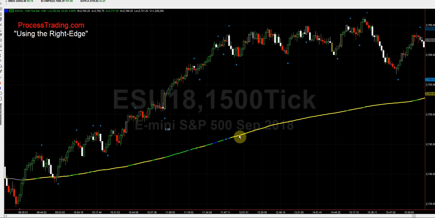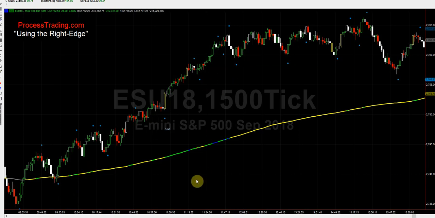It says that when the VWAP is yellow, you can take a long trade with any timing alert dots, and these blue dots here are the timing alert dots. You can take a trend trade with any timing alert dot that is below the price bars. So here, here, here, here, here.